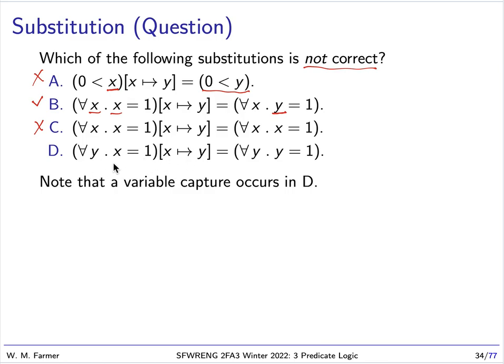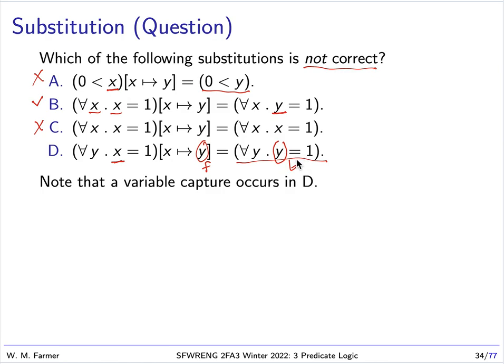And finally, we have D. Here, x is free. So we replace x with y, and we get this. The thing about D that is interesting is that we get a variable capture. X here is a free variable. Y here is a free variable, but the y here is bound. The way to think about it, we start with a free variable, we're replacing x with a free variable, and then it becomes bound.